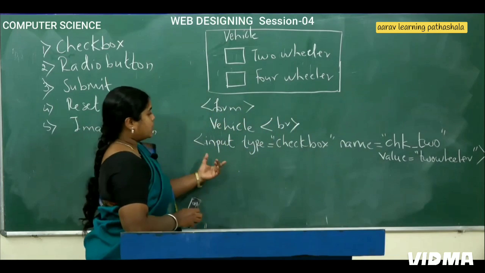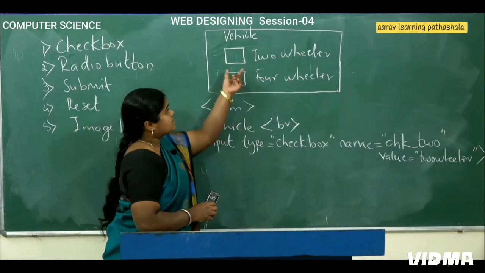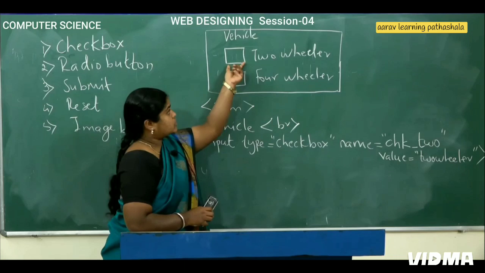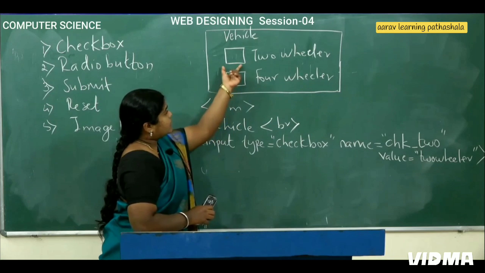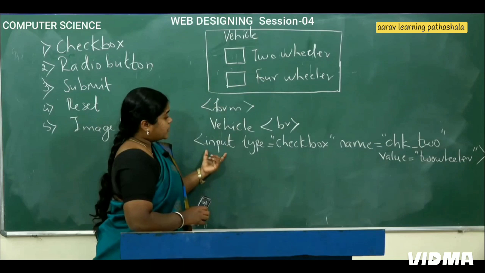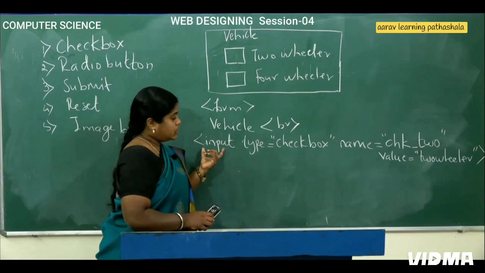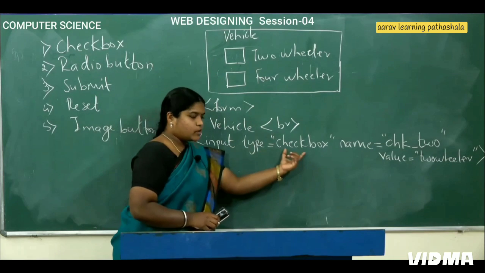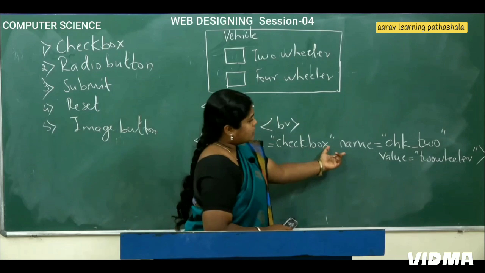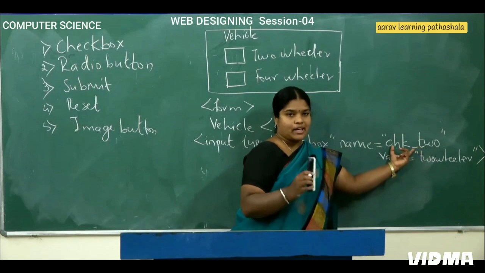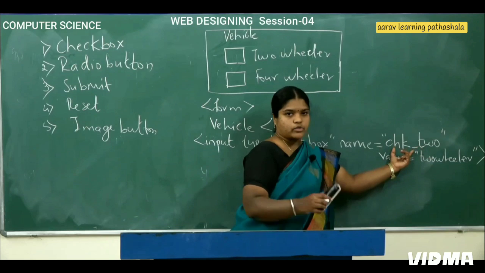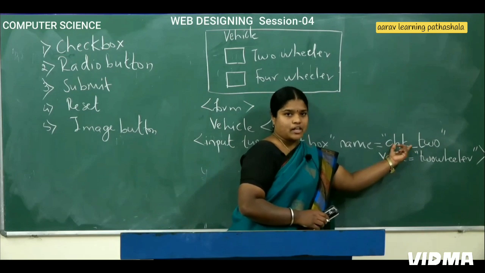I hope it is understood. See, the important thing is I need this particular checkbox. So for this checkbox, we need to write the tag input. Input type is equal to checkbox, name is equal to chk underscore 2. Here name can be given according to the user's wish. You can give any name here.